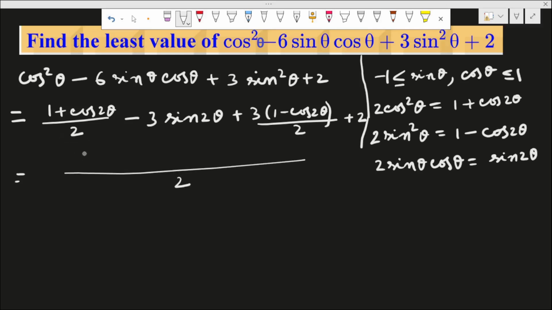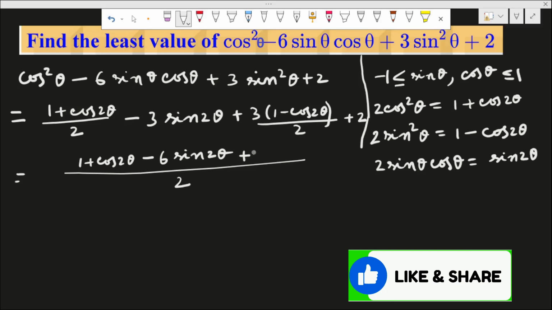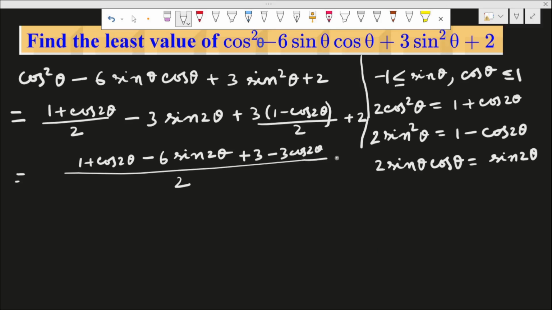What is 1 plus cos 2 theta minus 6 sin 2 theta plus 3 minus 3 cos 2 theta plus 2. That is equal to, simplify, cos 2 theta and minus 3 cos 2 theta.